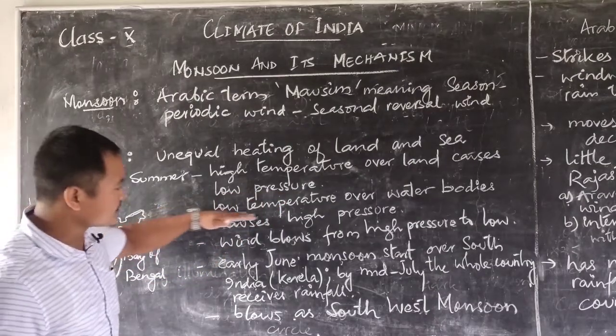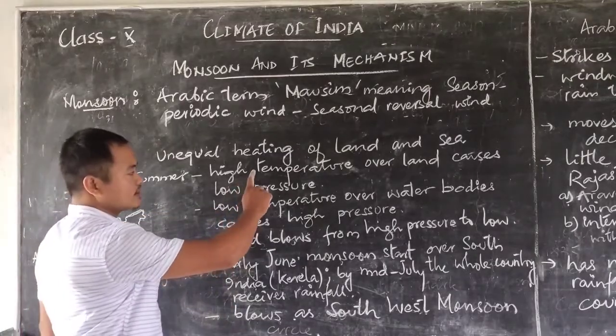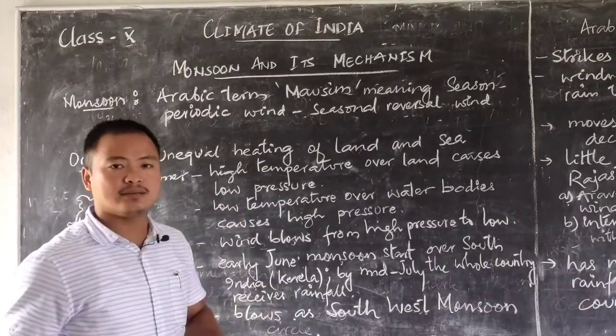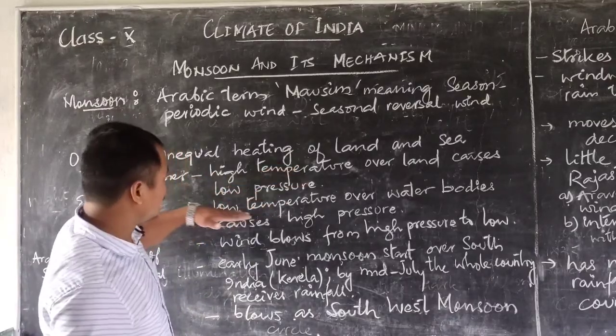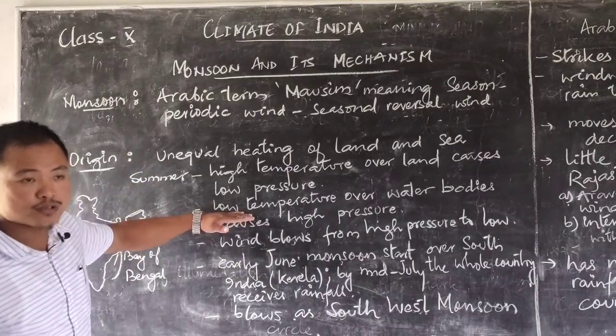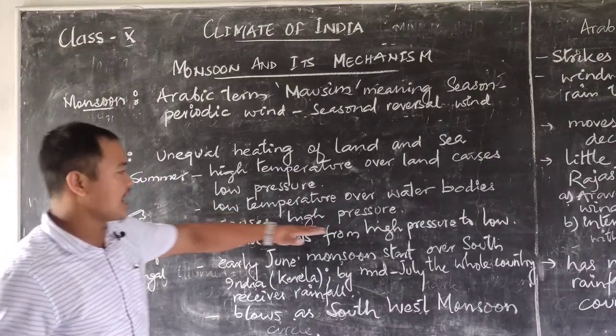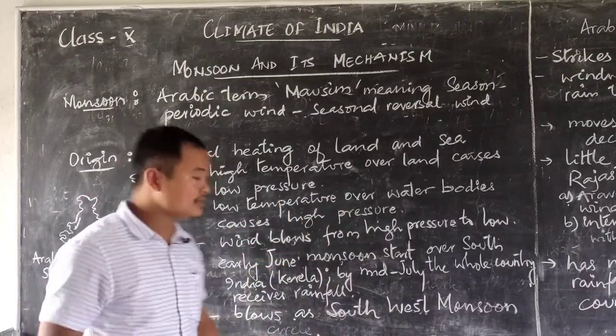While over the water bodies, the temperature seems to be considerably lower as compared to the land, and hence over the water bodies we see that the temperature is low. So this low temperature results in high pressure to be formed. So what happens next?